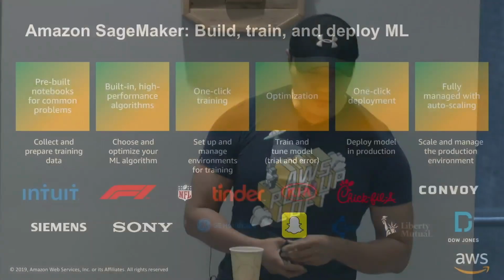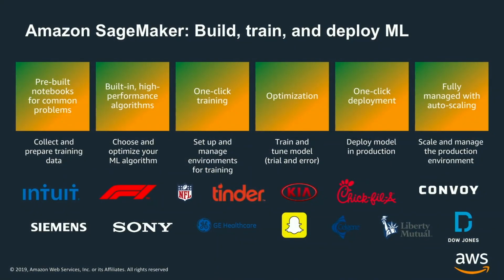So Amazon SageMaker, do you guys know what SageMaker is? Amazon SageMaker is basically a platform that we offer. It's a managed platform offered by AWS for you to build, train, and deploy machine learning, okay? So you can have pre-built notebooks, which you guys are going to be using today.